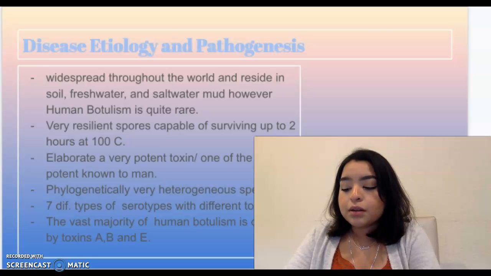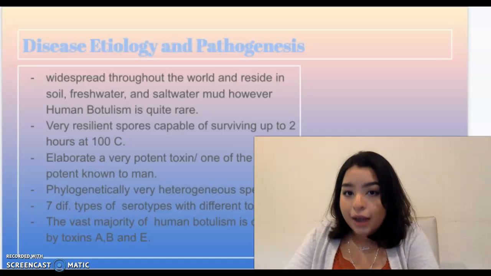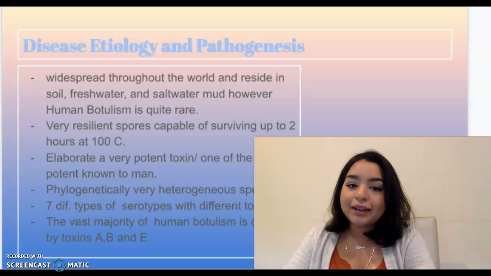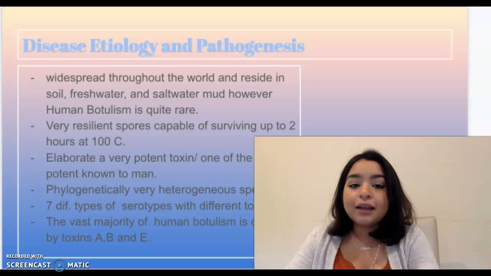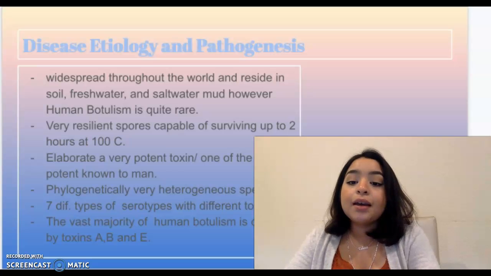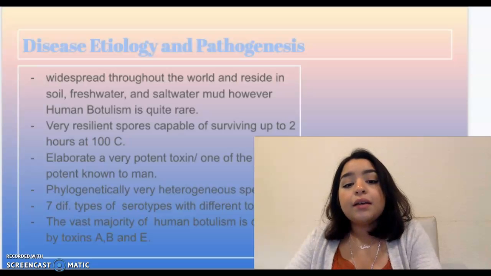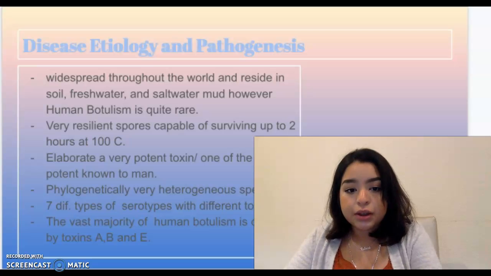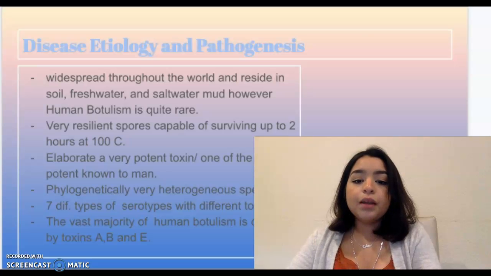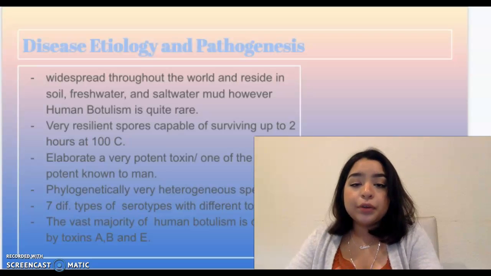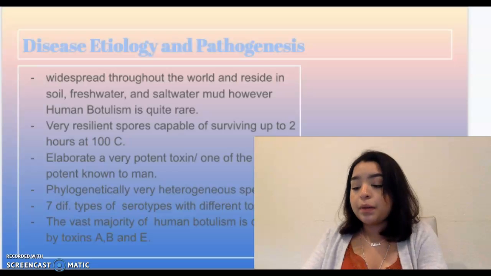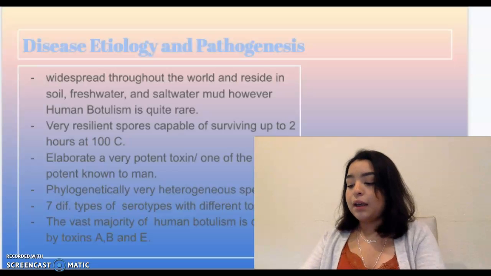They also elaborate, as explained, a very potent toxin, one of the most potent known to man. There are up to 8 toxins, which include A, B, C, D, E, F, and G. They are phylogenetically a very heterogeneous species, and the vast majority of human botulism is caused by toxins A, B, and E.